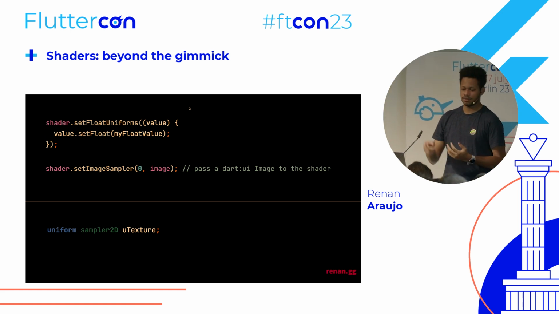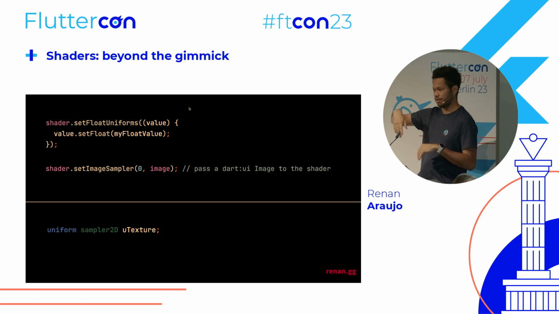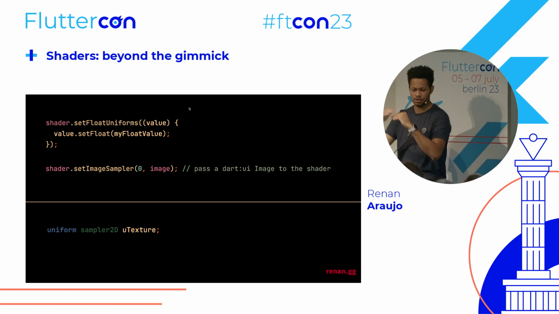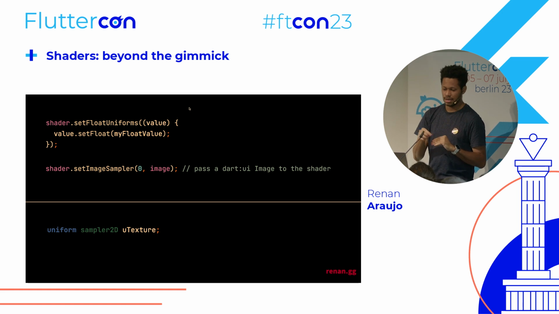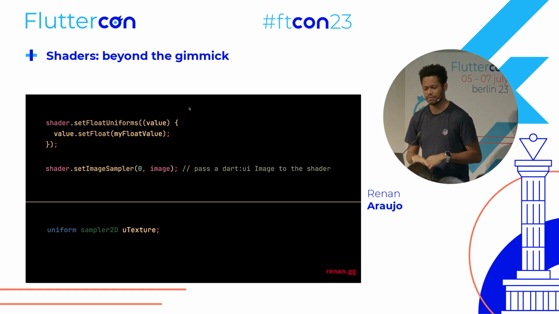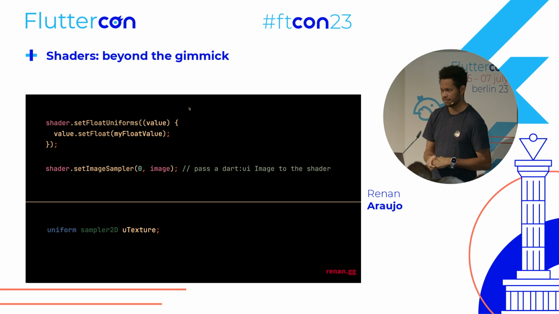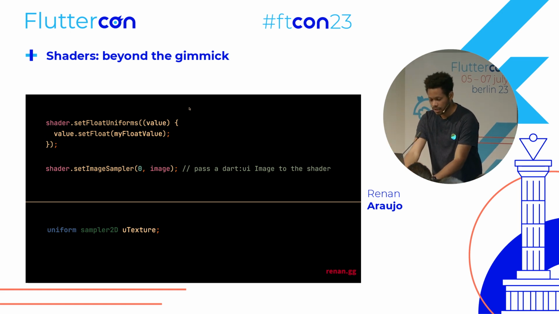And also, you have to control the index here, but it's a different index than the floats, so you can pass a bajillion floats, and then we go to the image sampler. That has to be after the floats. You start from 0 again. But that's not a big problem, because you're probably not going to pass lots of textures through your shader, unless you are a crazy person.